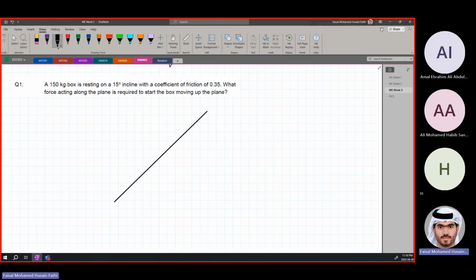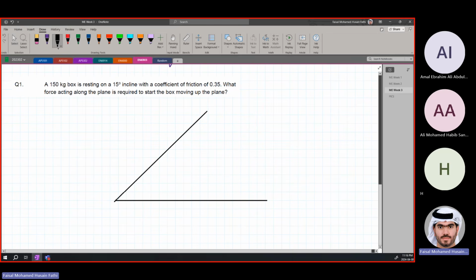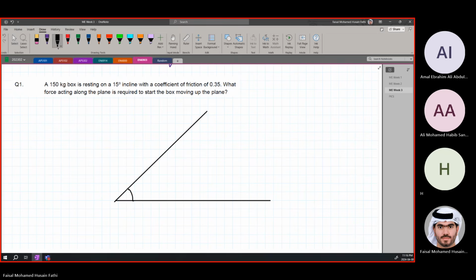We know that we have a 15 degree plane over here, and we know that there is a box resting on top of this plane. Okay. So we have a box like this resting on top of this. This box has a mass of 150 kgs. M is equal to 150 kilograms.